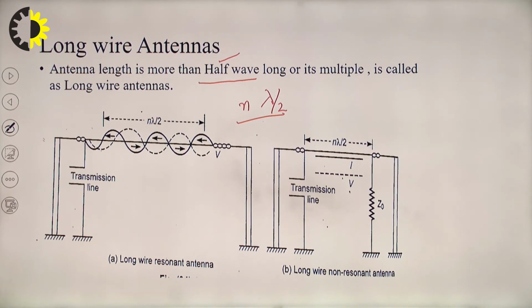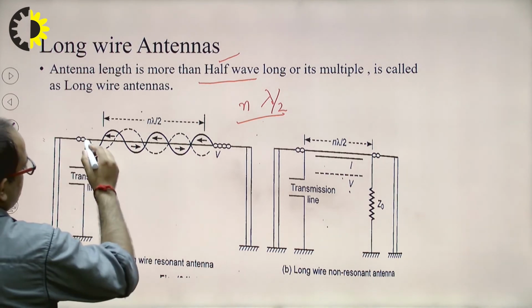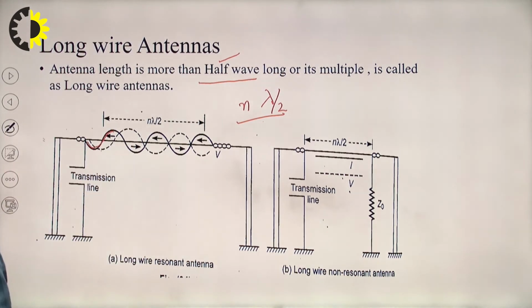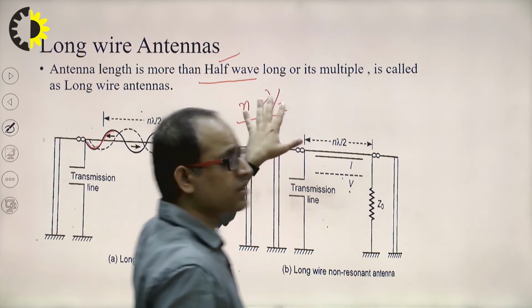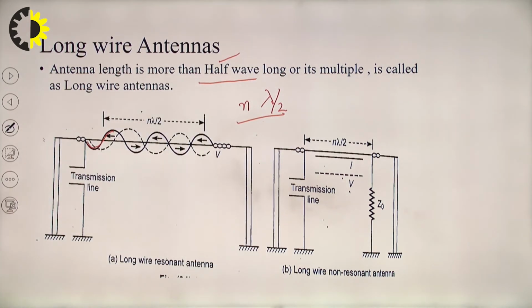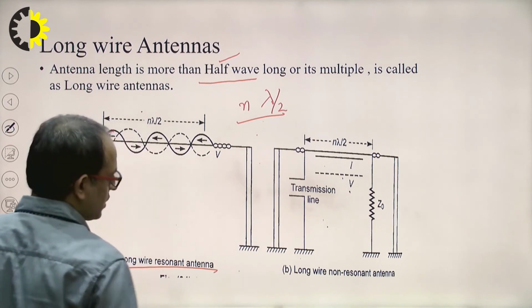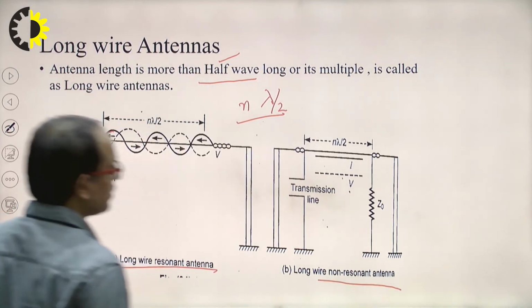Clear? So long wire antennas have a length greater than lambda by 2 or a multiple of lambda by 2. Clear? Now these long wire antennas are of two types, resonant antennas and non-resonant antennas.